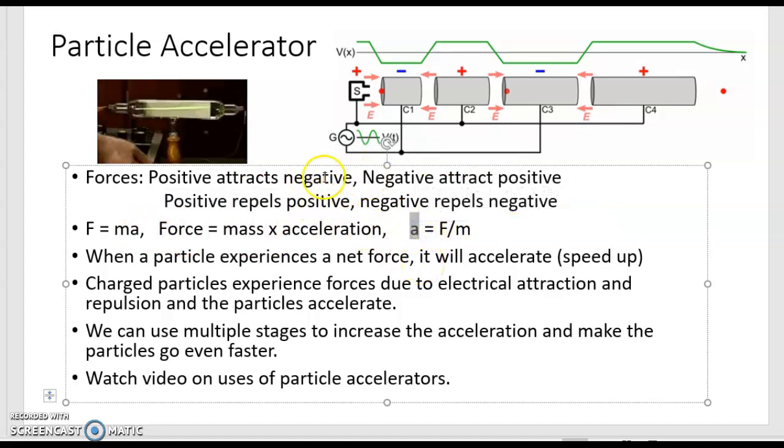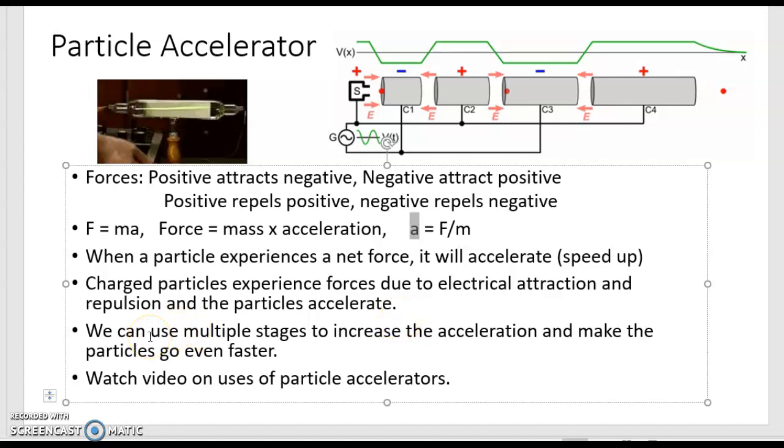So by using these oppositely charged particles and like charged particles, we can get a charge to accelerate down this tube. So when these particles experience a net force, they accelerate. Charged particles experience these forces due to the electrical attraction and repulsion, and that causes the particles to accelerate.